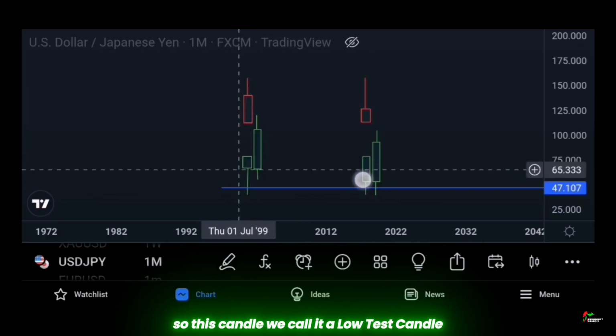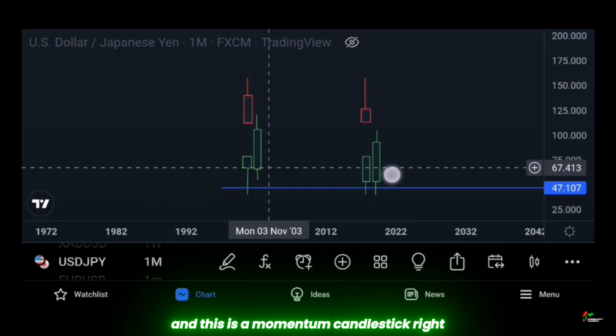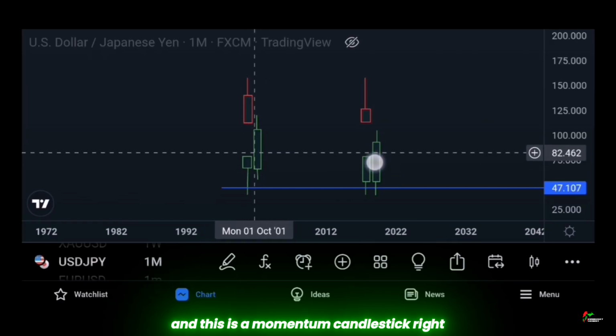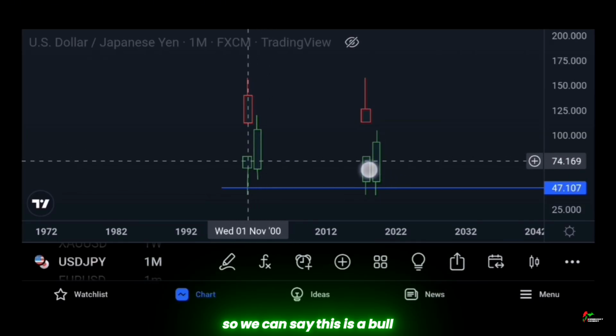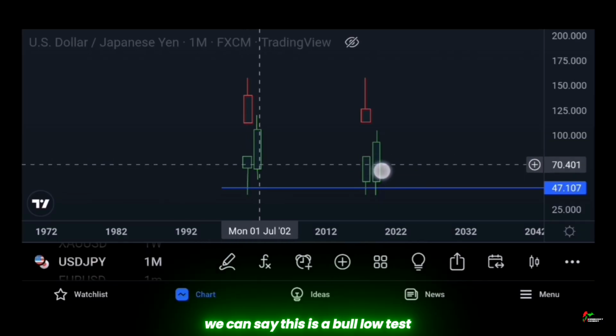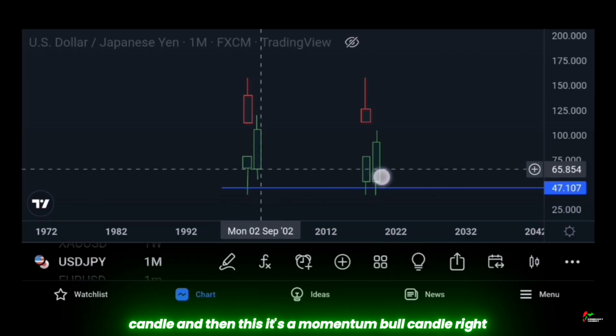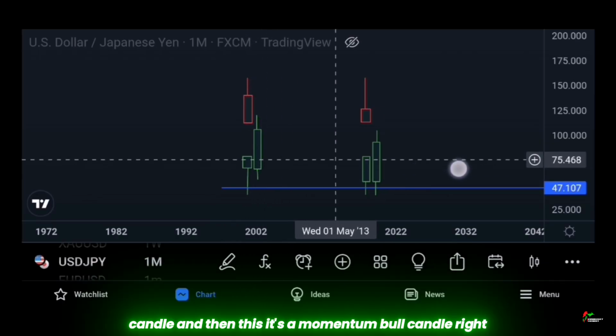So this candle we call a low test candle, and this is a momentum candlestick. So we can say this is a bull low test candle, and then this is a momentum bull candle.